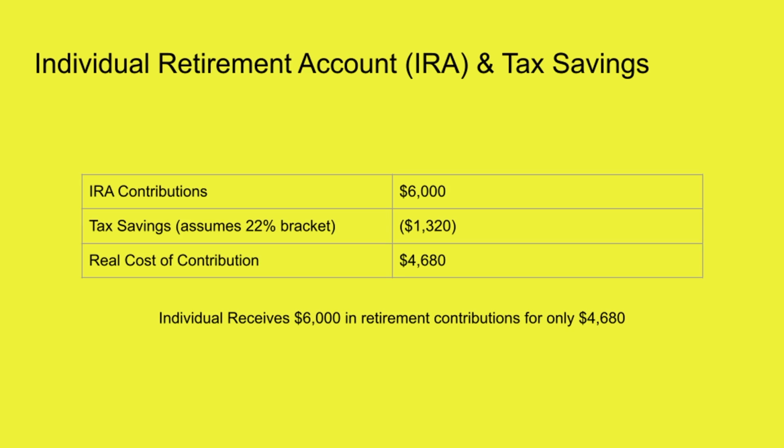What you see here is that if somebody's in the 22% tax bracket and they made $6,000 in IRA contributions during 2021, they will reduce their annual tax obligations by $1,320, meaning that when you subtract the tax savings from what they paid into the individual retirement account, they wound up with $4,680 in costs for $6,000 in retirement savings.